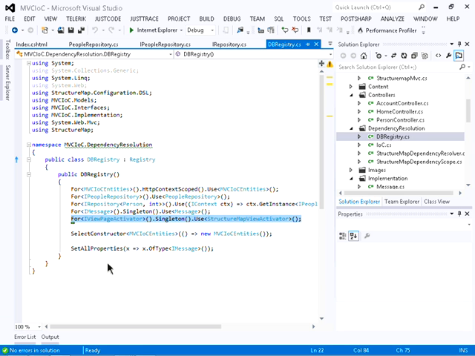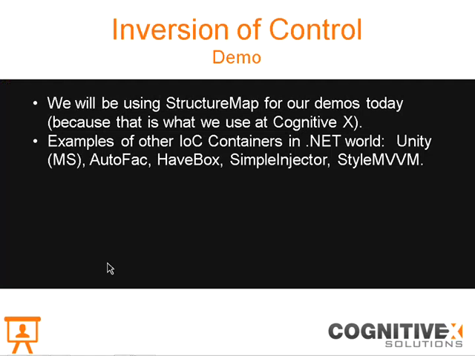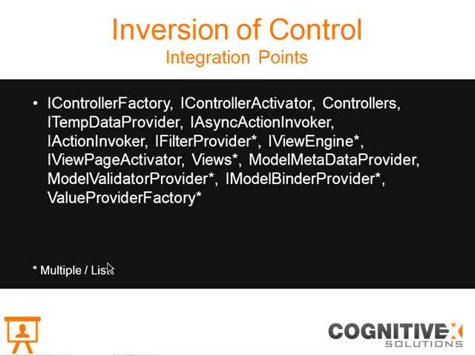What happens when MVC first is starting up and you specify that there's a dependency resolver, MVC starts going through to the dependency resolver and asking if it has any implementations of certain interfaces. And I'm just going to take a quick detour and talk about some of those interfaces that MVC asks the dependency container if it supports.